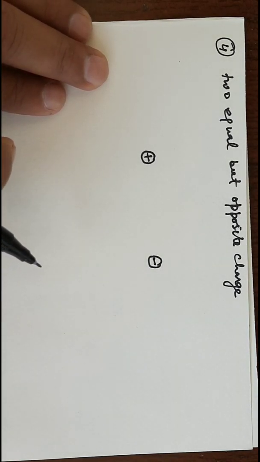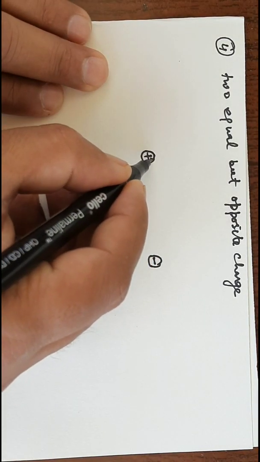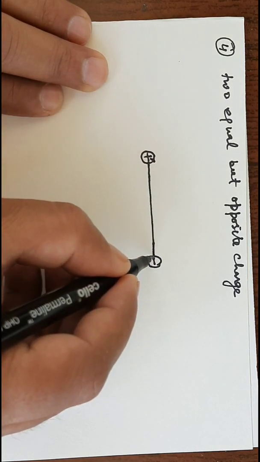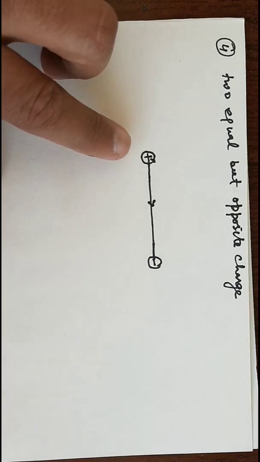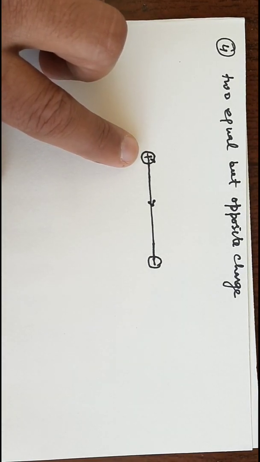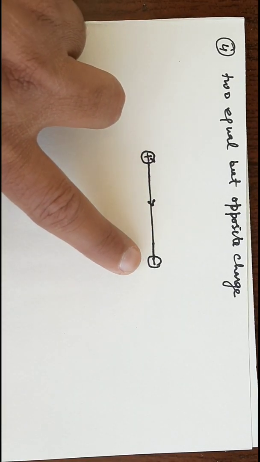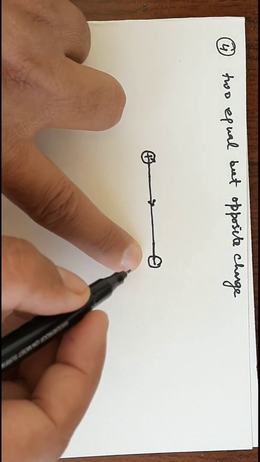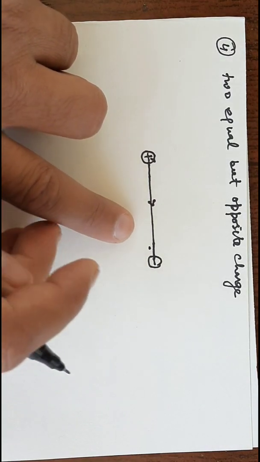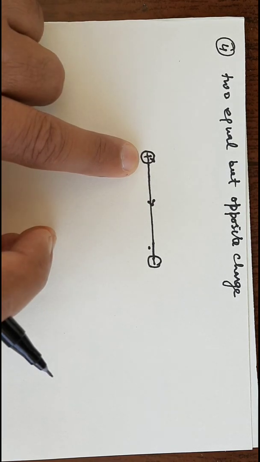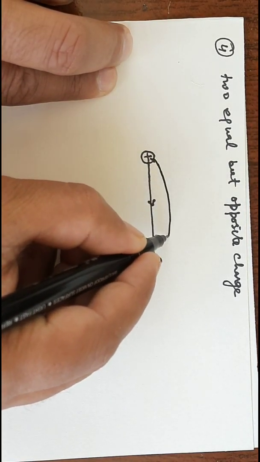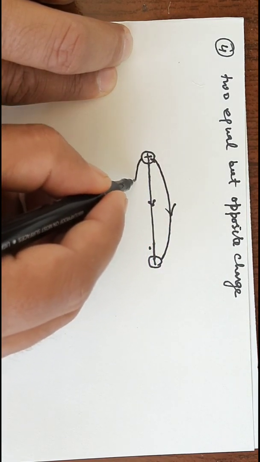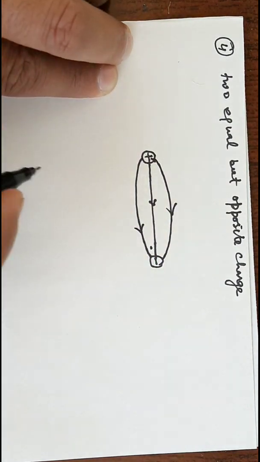For this, electric field lines will start from the positive charge and end at the negative charge, because we know that for a positive charge electric field lines are outward and for a negative charge electric field lines are inward. So here electric field lines will be from positive to negative charge. Similarly, we draw the other field lines.